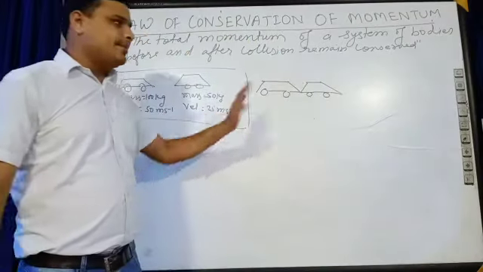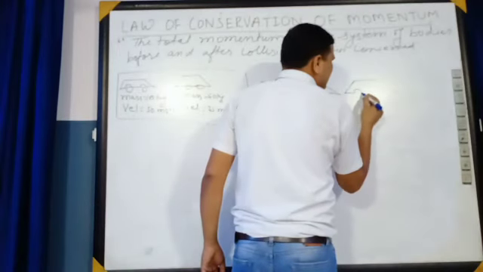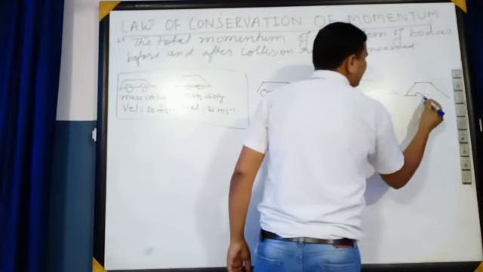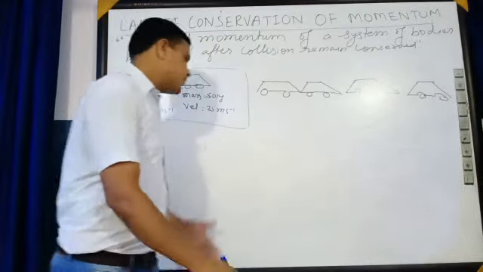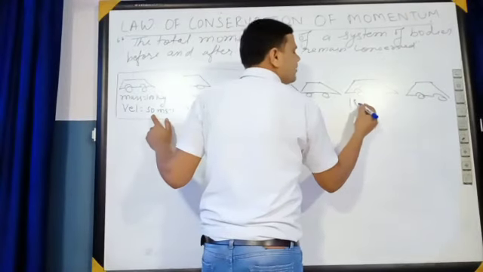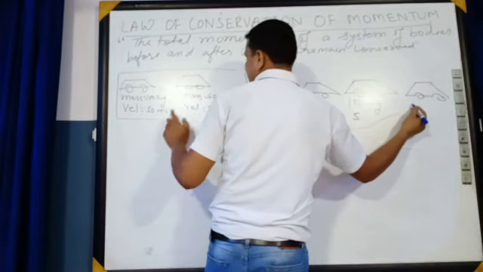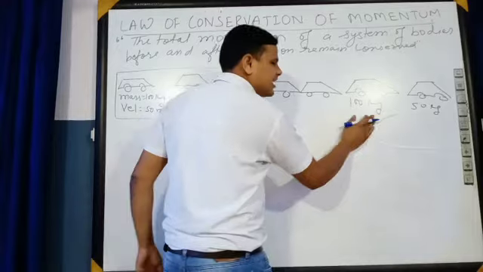After collision they again separate themselves. After separation, what will you see? Mass will be the same: 100 kg and 50 kg. But velocity will be changed.